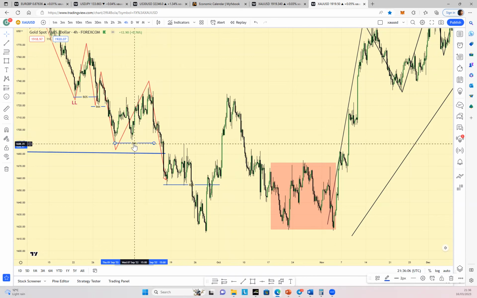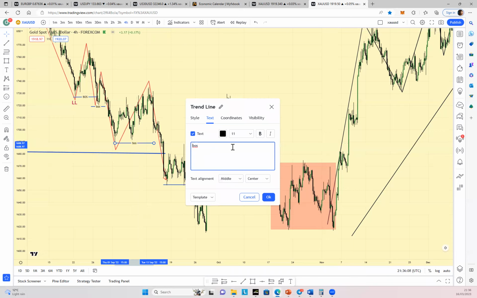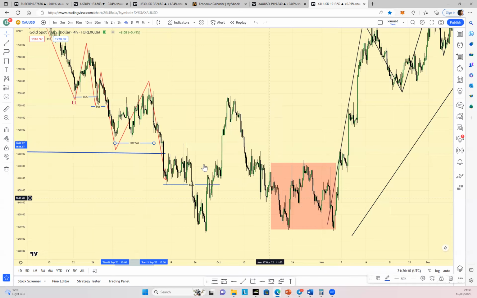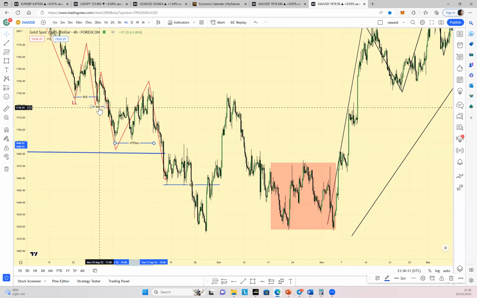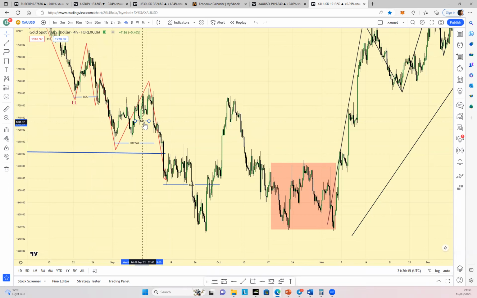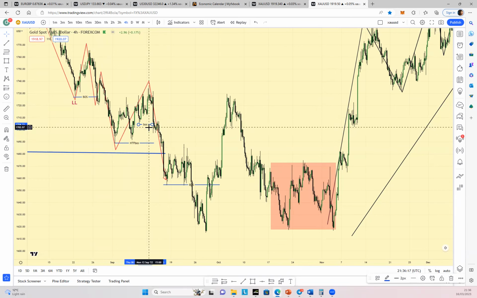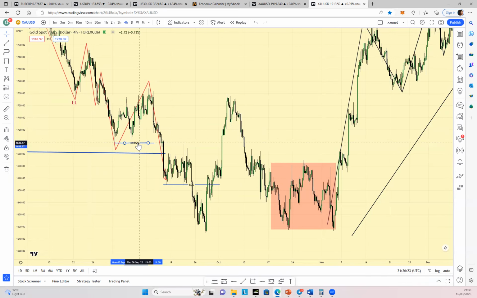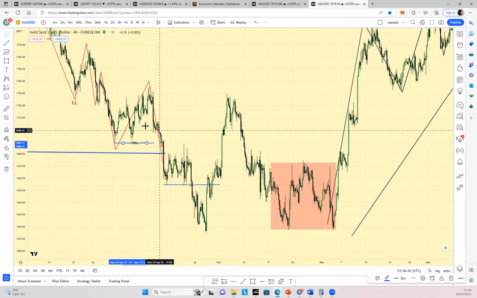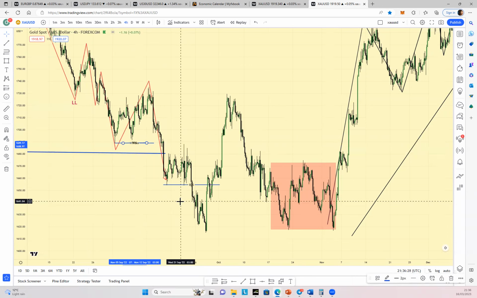And remember what I said. Within the time frames, you have smaller breaks of structures. You don't need to identify that. Just call it break of structure. That's all. But just make sure you identify it.